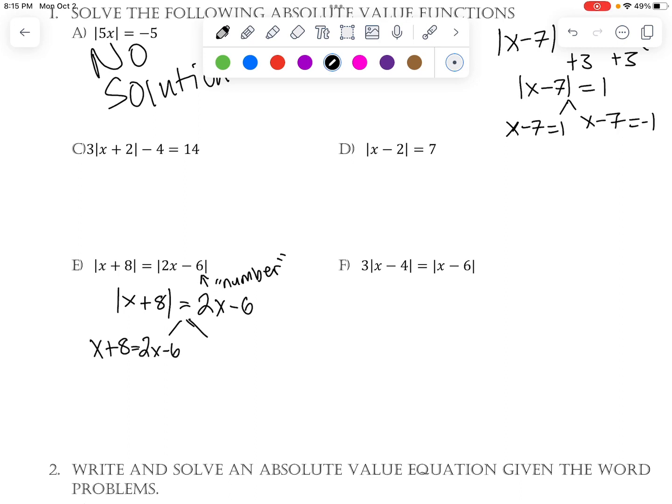That did not change. But when I do the negative version, I have to put parentheses around that entire expression because I want to make this entire thing negative. I don't just want to make that 2 negative. So then my negative equation will be x plus 8 equals negative 2x plus 6. And again, I will solve all the way down with that one.